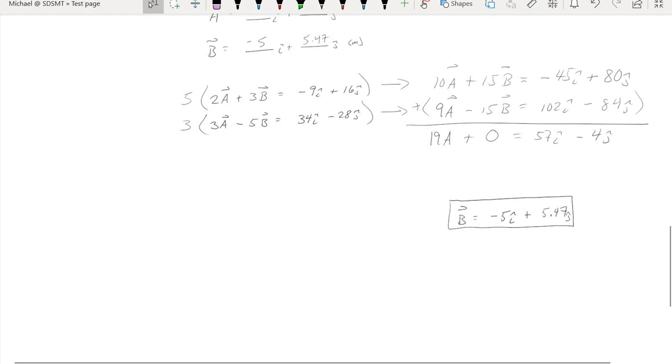Alright, so we're also not going to get the best answers for this either, but just like before, we will divide through so that we get a by itself. 57 divided by 19 is 3. And we have a negative 4 divided by 19, which is negative 0.2105. I'll just round that up to 1. And so these are the answers that we have.